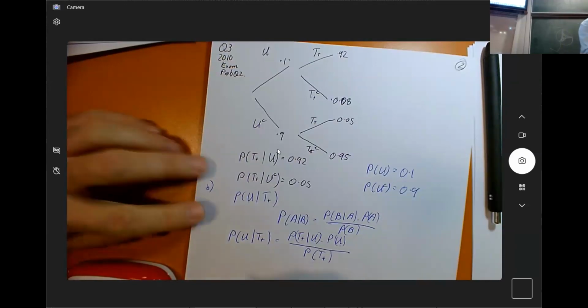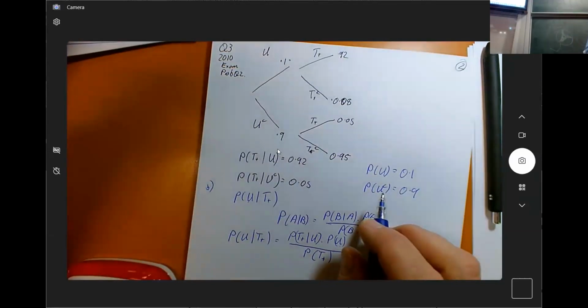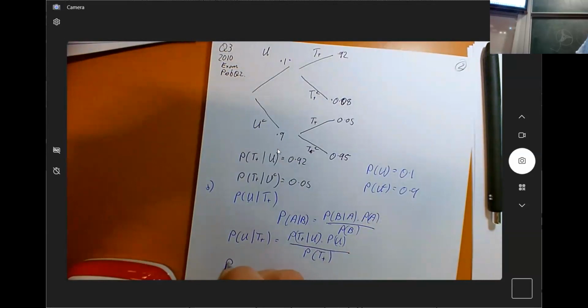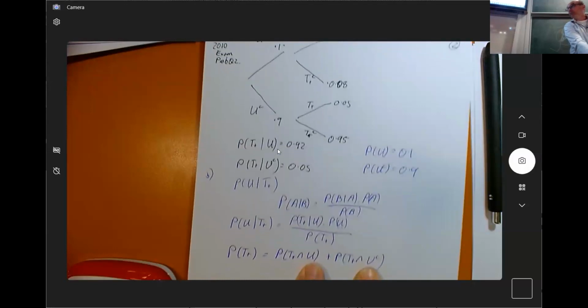And there's a rule that says, if we look at this, probability of testing positive is equal to probability of testing positive intersection with using plus probability of testing positive intersection with not using. Because everyone's either using or not using.